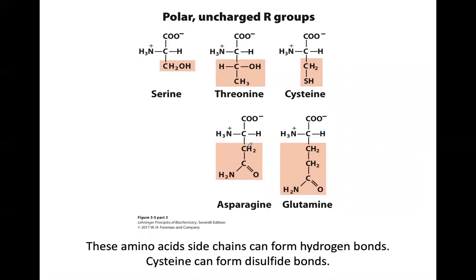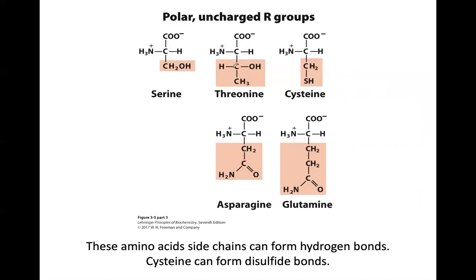So polar uncharged R groups. So now you can see these have polar groups, lots of dipole moment. Now we have a serine, right? So it's capable of hydrogen bonding, and it's electronegative.